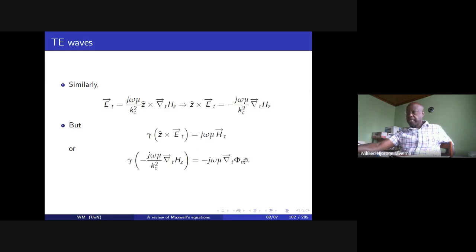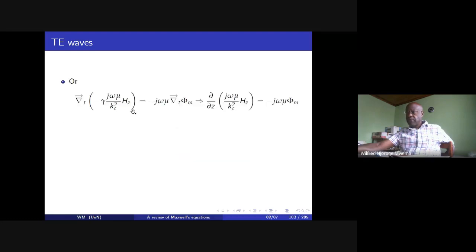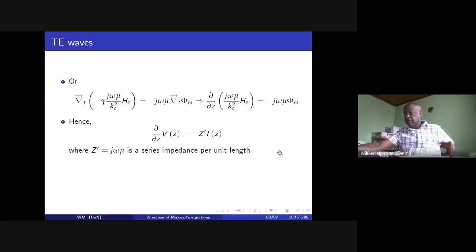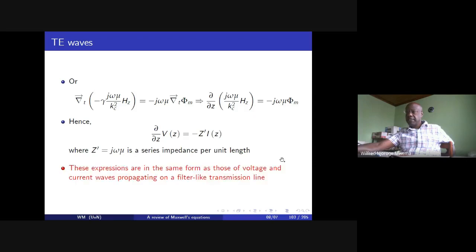And what we get in the end is that equation there, which we can write immediately as shown, and we get that the derivative of the voltage is equal to minus j omega mu multiplied by the current, and therefore we have that kind of equation where z prime is just given by j omega mu, a series impedance per unit length for the medium itself.